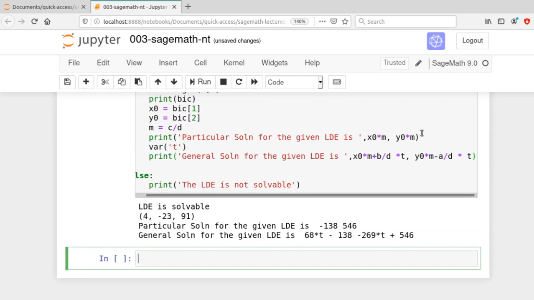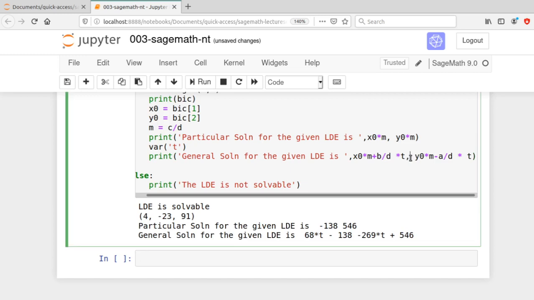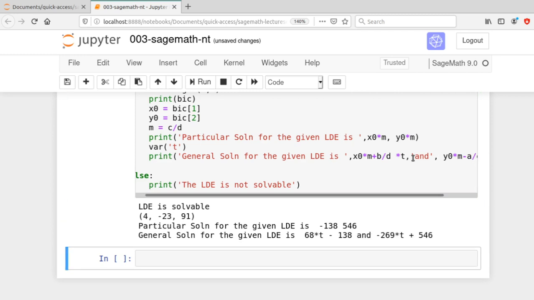Let's see the output. Okay, we need a comma. So the general solution of the given LDE is minus 138 plus 68t and 546 plus 269t. So SageMath can give the general solution also using the Bezout identity technique.